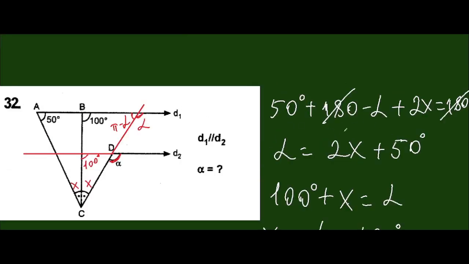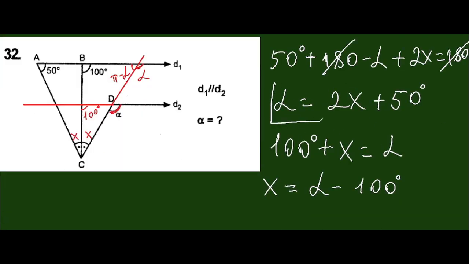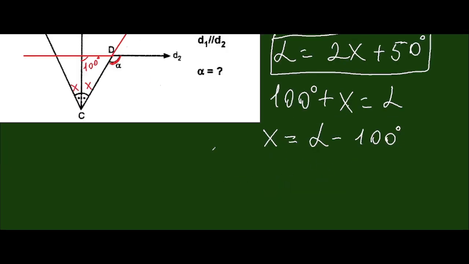So we can plug x into the first equation here, and we'll get alpha is equal to 2 multiplied by alpha plus 100 degrees plus 50 degrees.